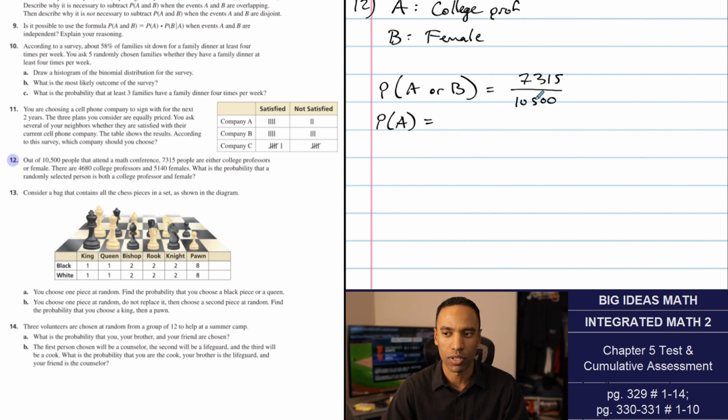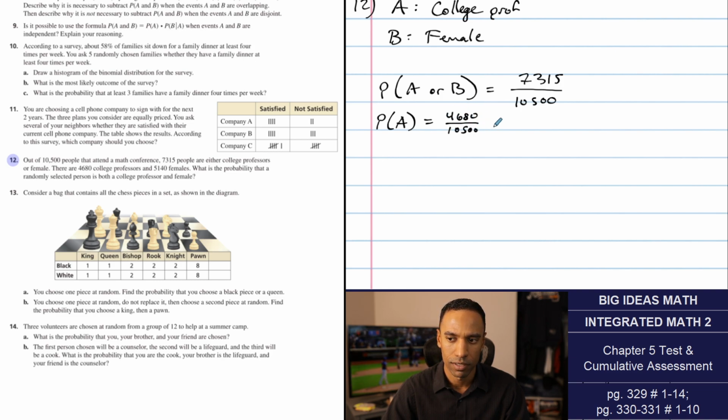Everything's dividing out of 10,500, so we can divide at the end if that helps. Probability of a college professor is 4680 over 10,500, and probability of B, female, is 5140 out of 10,500.